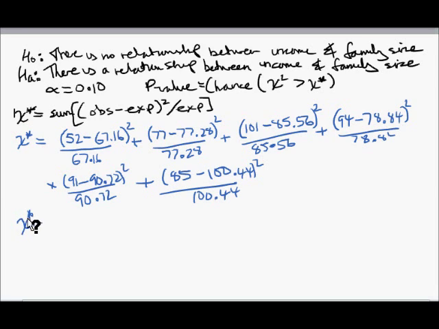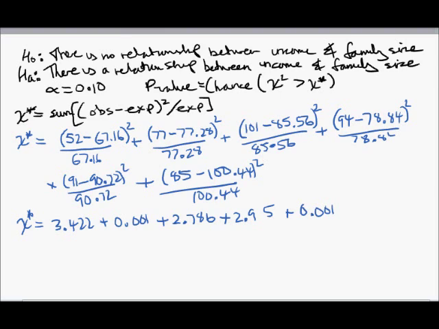So what is chi-star? Well, if you add those up, you get about 3.422 for that first value. The next one is about 0.001, very small. Next one is about 2.786. The next one is about 2.915. The fifth one, the 91 minus the 90.72 squared, that thing is very small, 0.001.